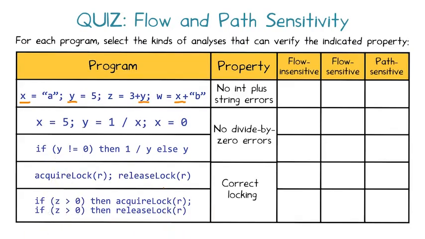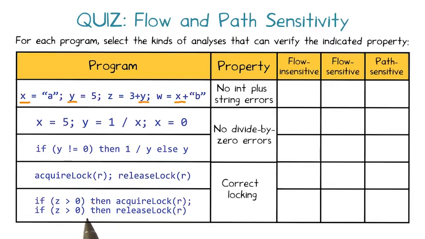For the next 2 programs, the property to verify is that locks are used correctly. That is, there is no attempt to acquire a lock on a resource already locked, and there is no attempt to release a lock on a resource that is unlocked. The fourth program consists of 2 statements executed in the following order: acquire lock R, release lock R. Allow the analysis to assume that R is not locked at the start of the program. Finally, the fifth program consists of two if-then statements executed in the following order.